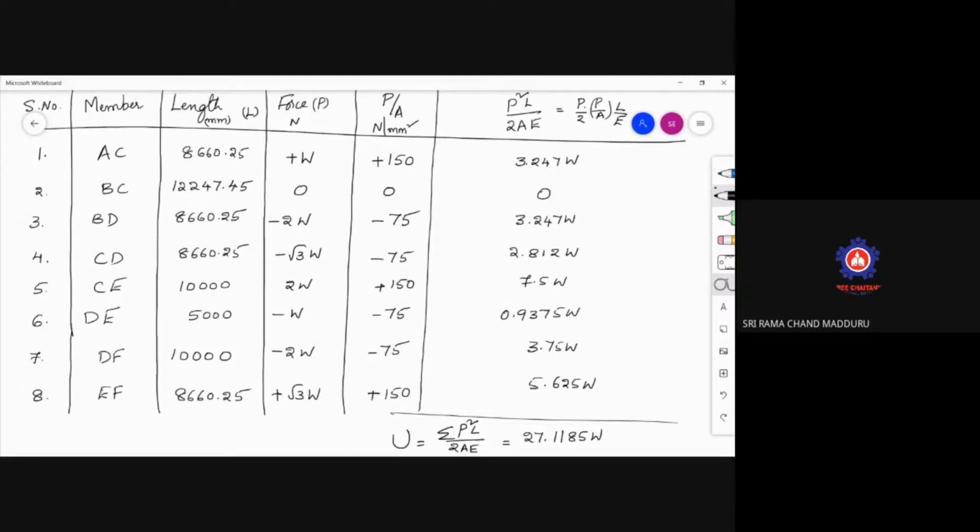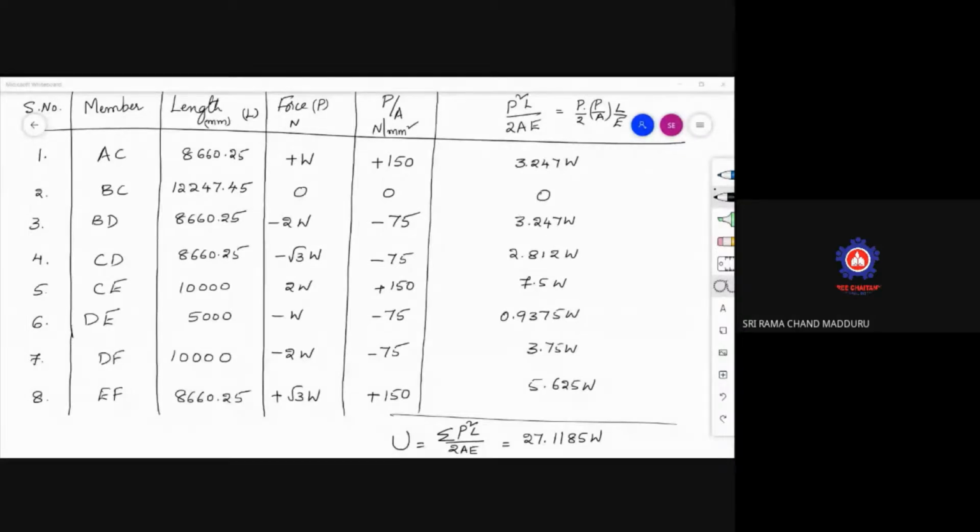Please complete until this. If this portion is completed, inform me. I will continue further.